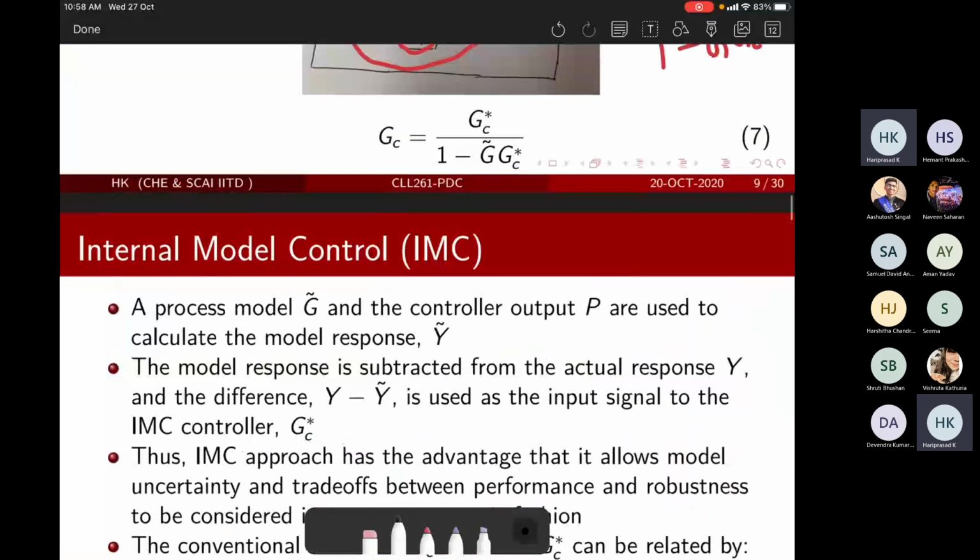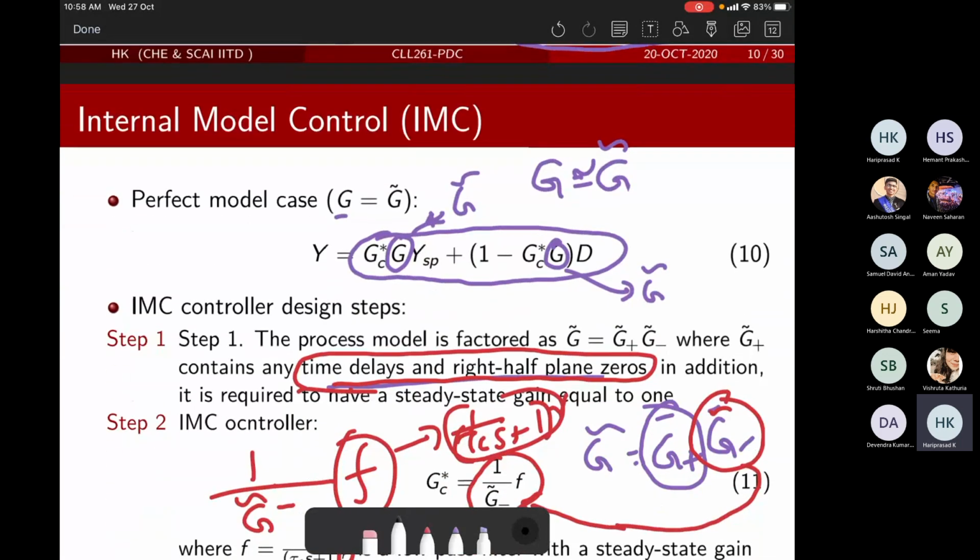Okay, what is the main principle? You have to split the process transfer function into two parts. G plus contains all right half plane zeros and exponential terms, and you keep it aside.